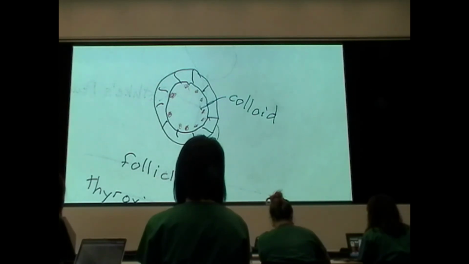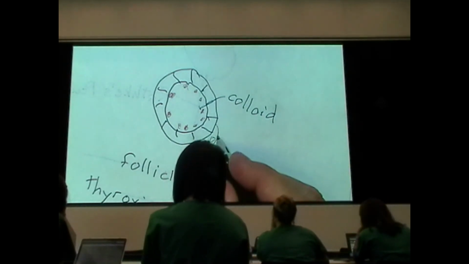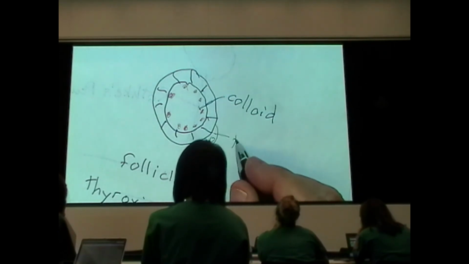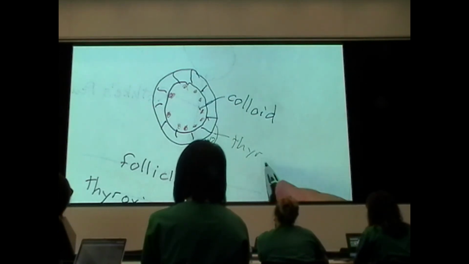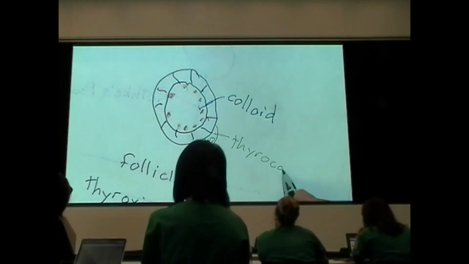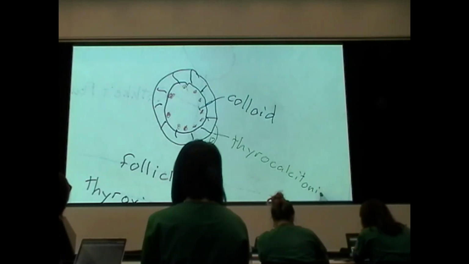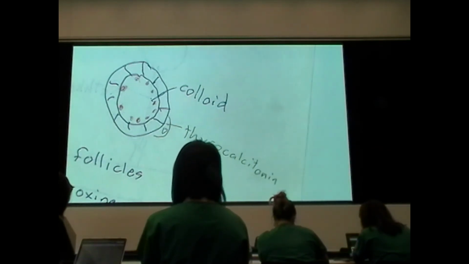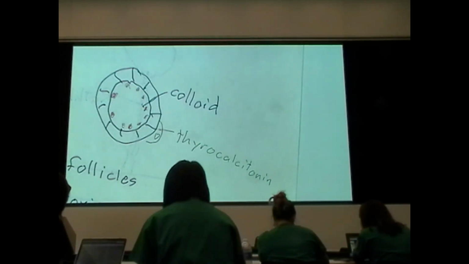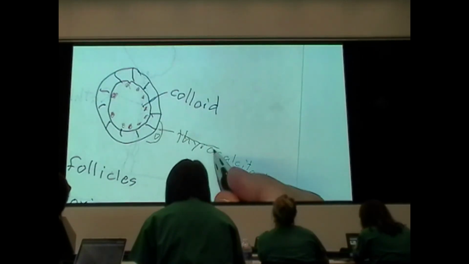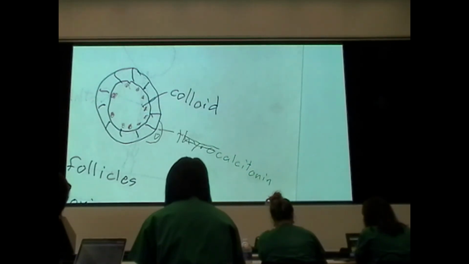These cells produce a hormone also, and this hormone has nothing to do with thyroid hormone. What they produce is a hormone called thyrocalcitonin. We now just drop the thyro part of it and call it calcitonin.